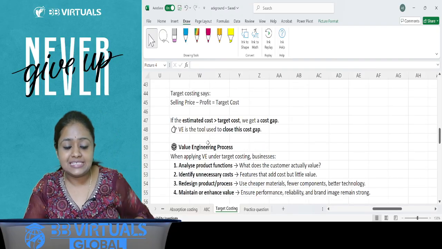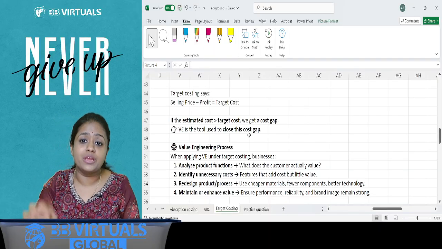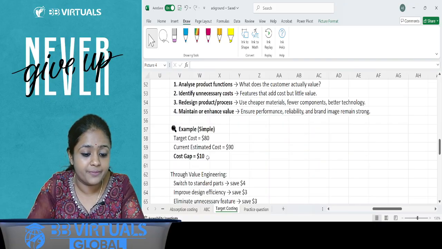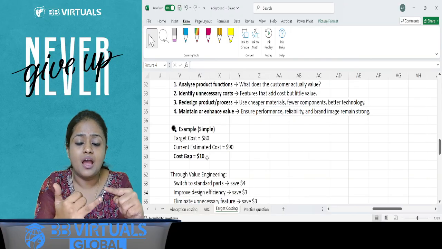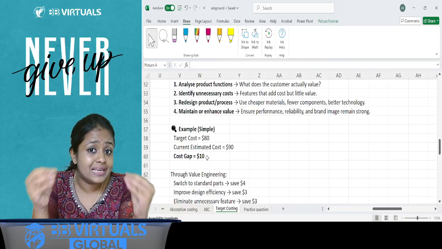If the estimated cost is more than the target cost, then you have to look at ways to reduce the cost gap. And how do you apply value engineering? Redesigning, avoiding unnecessary cost, and ensuring that quality is not compromised.